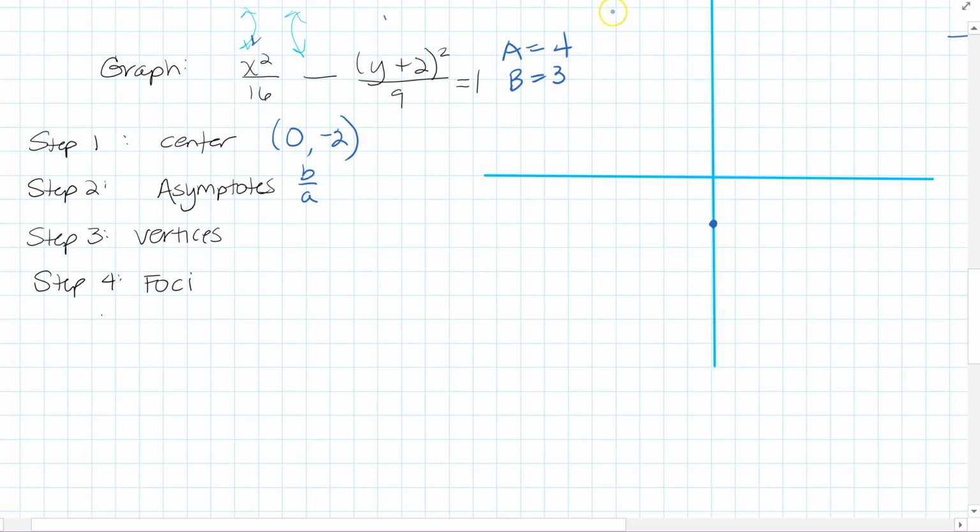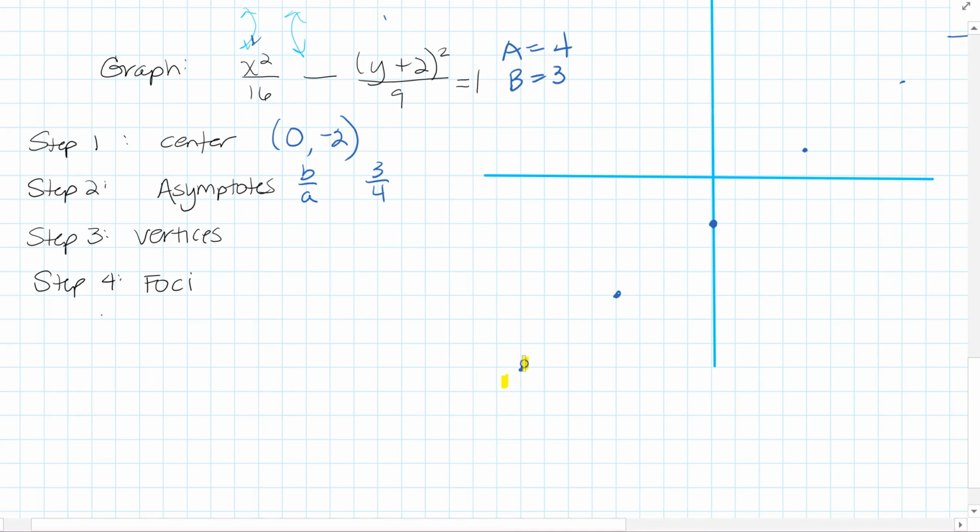So it's going to be 3/4. So I go up 3 over, let me write 3/4 so I don't get that wrong. It's 3 over 4. So it's going to be up 3 over 4. Hope I counted right. Up 3 over 4, and just keep doing that.